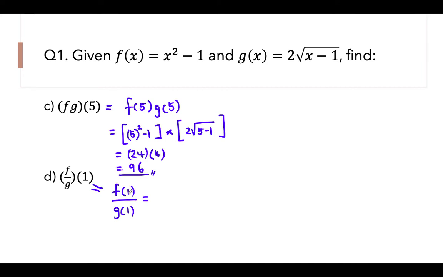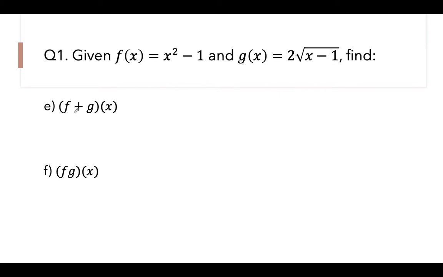We figured out f of 1 was 0, and we also figured out from the previous question that g of 1 was also 0. So anything divided by 0 is undefined, so it does not exist.